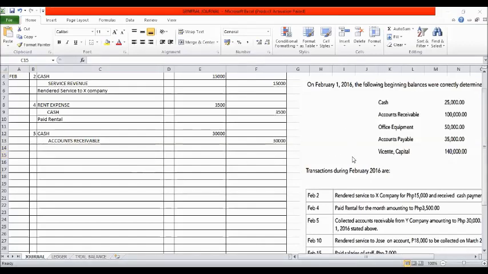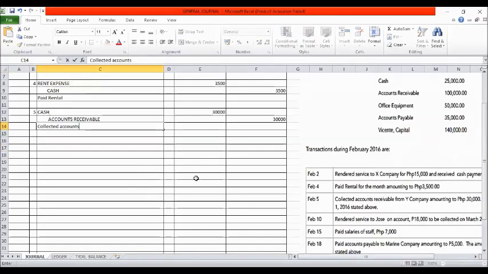Kapag si customer nagpa-render ng service sa atin at hindi siya kaagad nagbayad, madadagdag yung utang ni customer sa atin, so ang i-debit natin ay accounts receivable. Pero kapag nagbayad na siya ng utang niya sa atin, i-credit natin si accounts receivable para mabawasan yung utang niya sa atin, para nababawasan yung accounts receivable balance natin. So, ang ating explanation is collected accounts. Okay, very good.